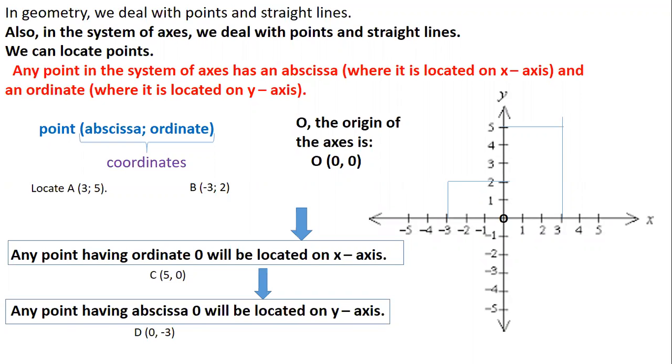Now I want to ask Yara. Yes, Yara. We said 2 important rules in locating points. If I give you any point having an abscissa, but its ordinate is 0, where is it located?